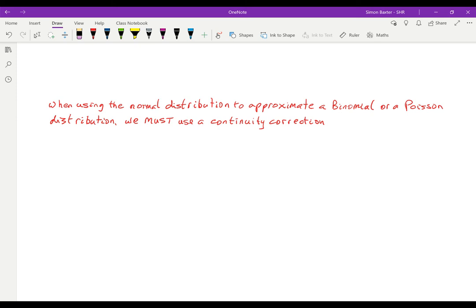That means that if you have the probability that X is less than or equal to 4, that is going to be approximately the same as the probability that Y is, now, if we want to be less than or equal to 4, we've got to include 4, so we must come down from 4.5. Doesn't matter whether I write less than or equal to when I'm using the normal.